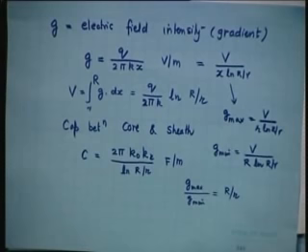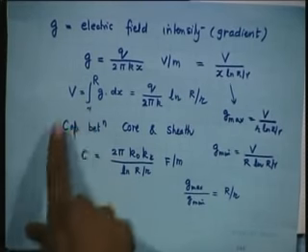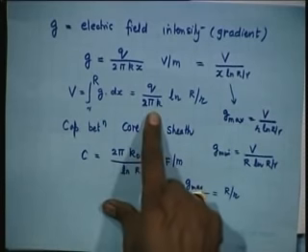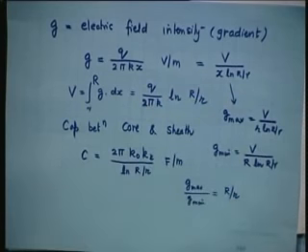Now, if you want V, it will be the integral of G dx from r to R. Substitute the value of G and you get the answer ln R by r when you substitute the limits.